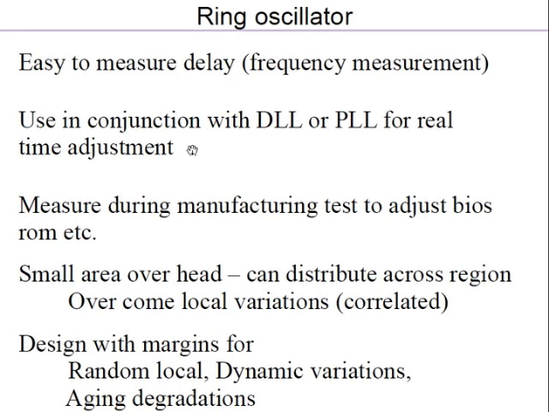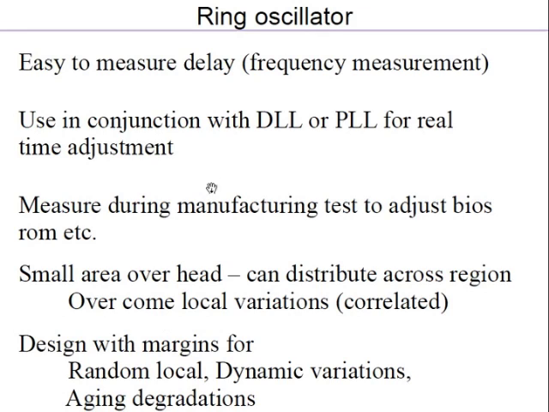Maybe some of this might not make sense right now, but this kind of thing using ring oscillators is very common. You put it in even from the point of view of process metrology, you want to understand how good the process is. Very small area overhead, very low power, etc.